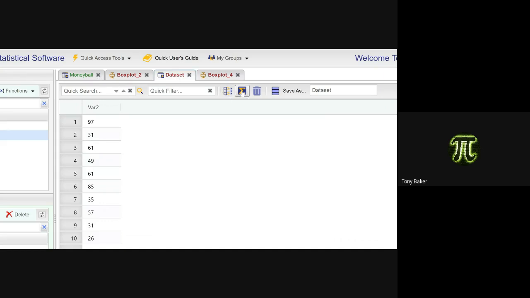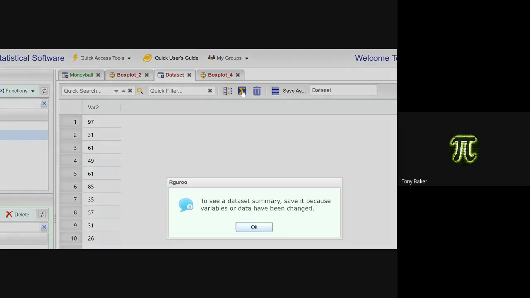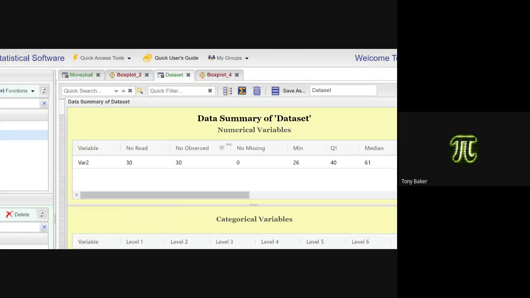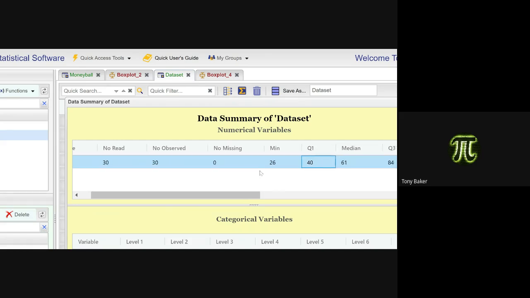And then you click the little thing there, you have to save. It gives you your Q1, Q2, Q3, your min, and your max.